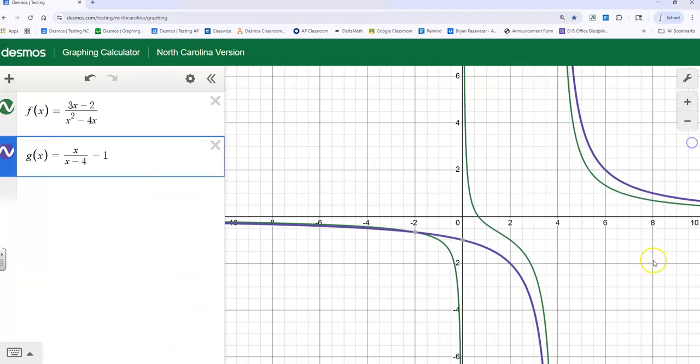And if you are looking at these, they cross right here. That is that negative 2. So that would be your answer. Okay, questions?